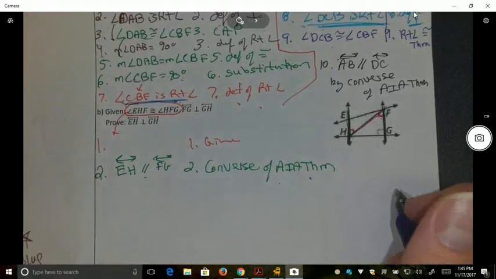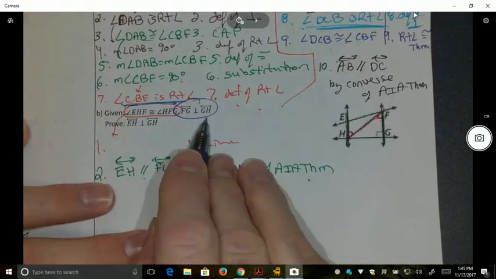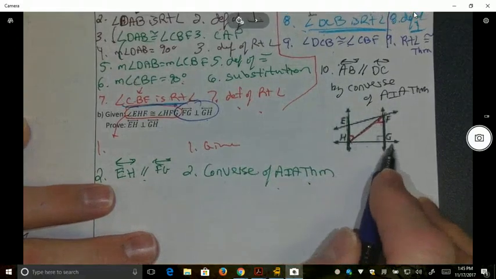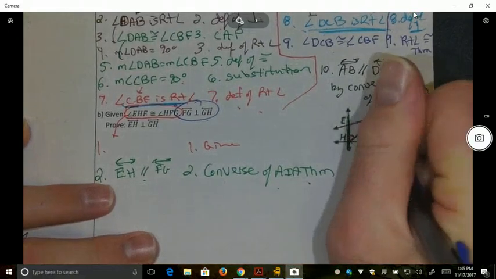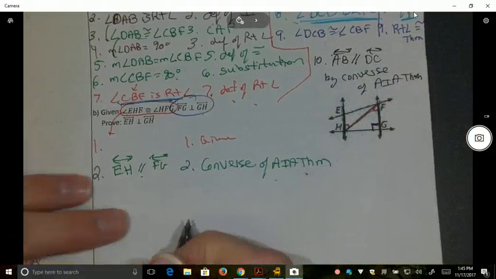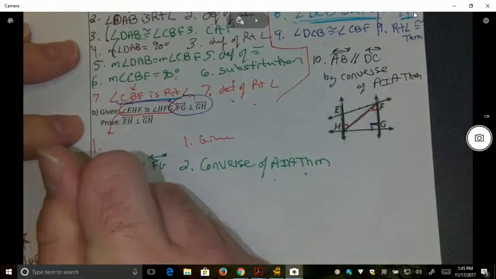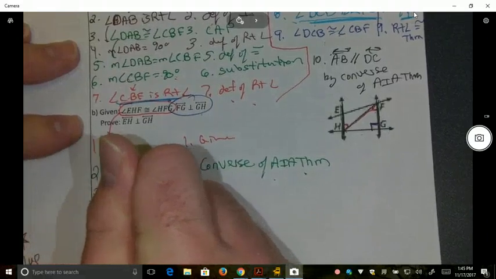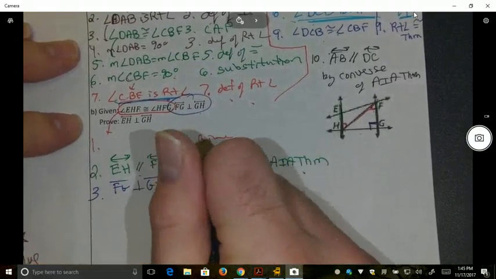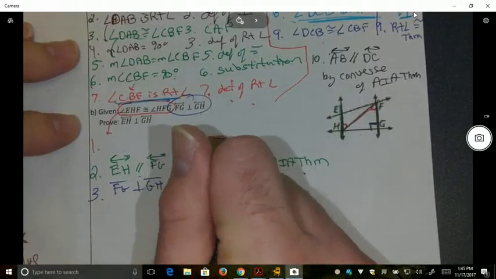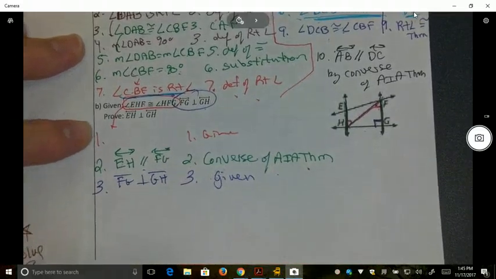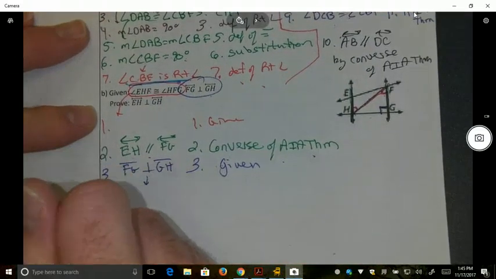That's great. They also tell us that FG and GH are perpendicular. Here's FG and GH, and those are given as perpendicular. Well, that is another given. I'll put it here. What does that mean? That means that we have right angles.